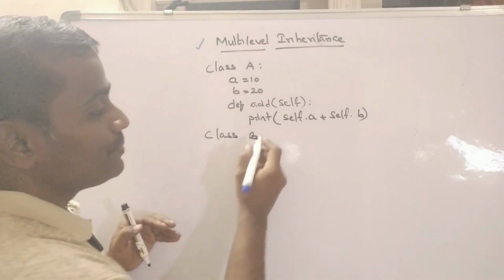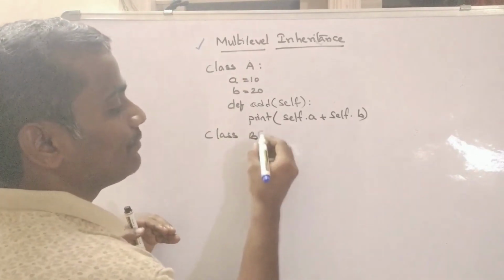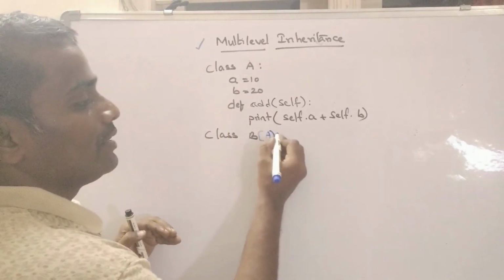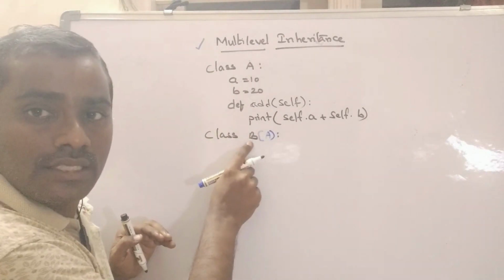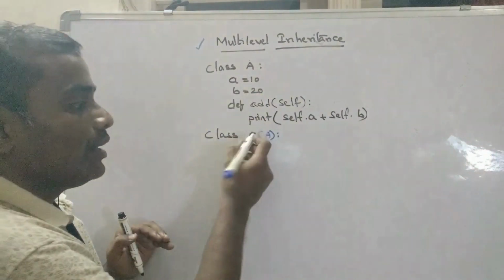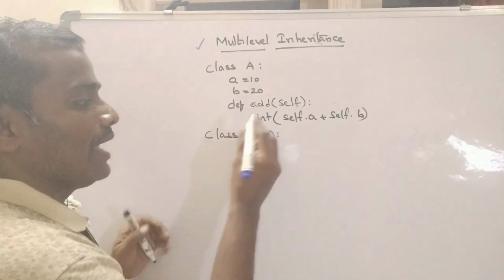Now class B is derived from class A. Class B is a child class of the parent A.